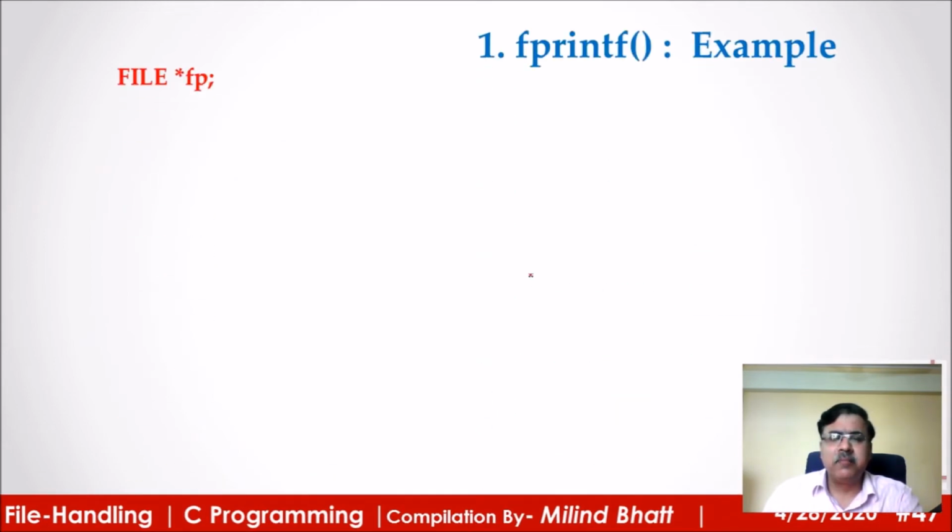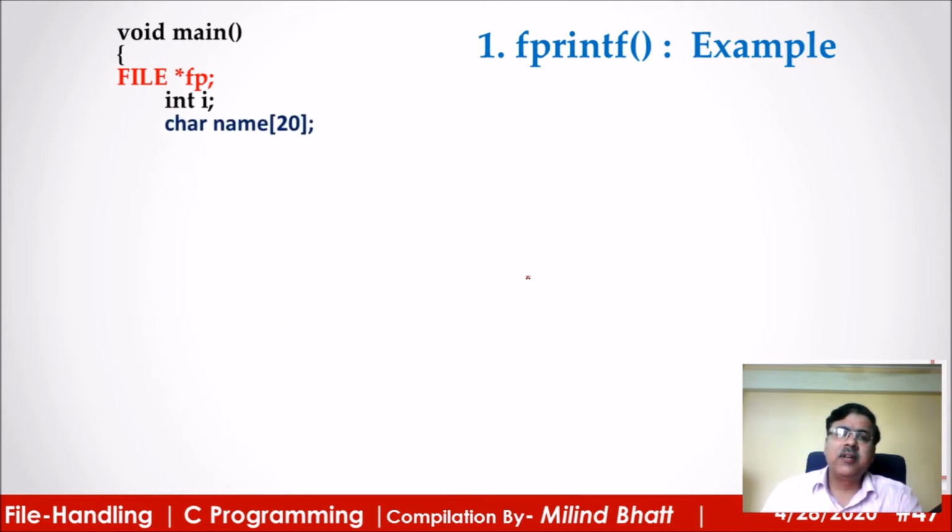So here is a sample example. What is step 1 of any file handling program? I have to create a file pointer fp, so I am creating it over here. Then I declare some variables: an integer i, a string of size 20 whose name is name, and a float salary to store some data on salary.